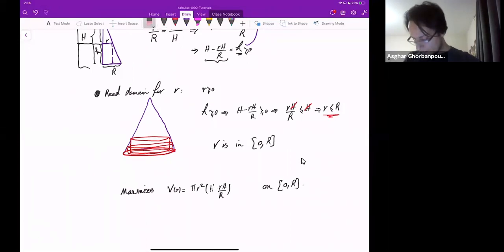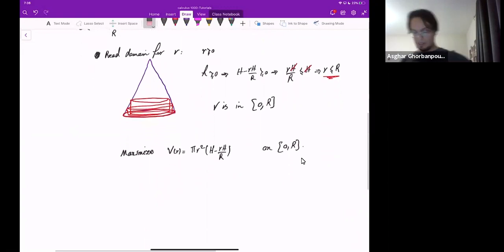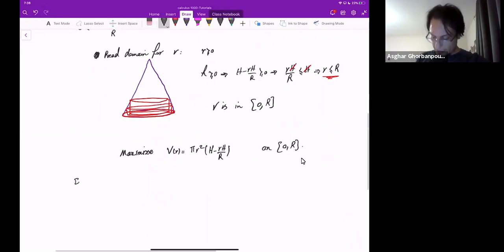Here is one of the things that you can use: this is a continuous function on a closed interval, so we'll get an absolute max and min. And to find the max and min, we need to do some work here. So what is that? We need to find the critical points.